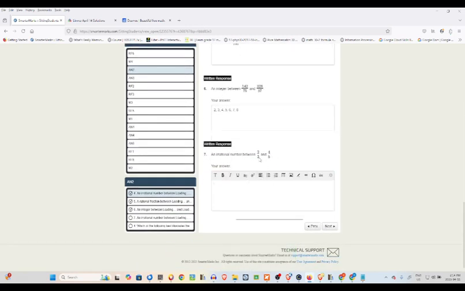Now finally, an irrational number between 2 over 3 and 4 over 5. All right, so the least common denominator of those is 15. Really, we're looking for something between 0.6 repeating and 0.8. So anything in there, 0.6 repeating and 0.8. Okay.